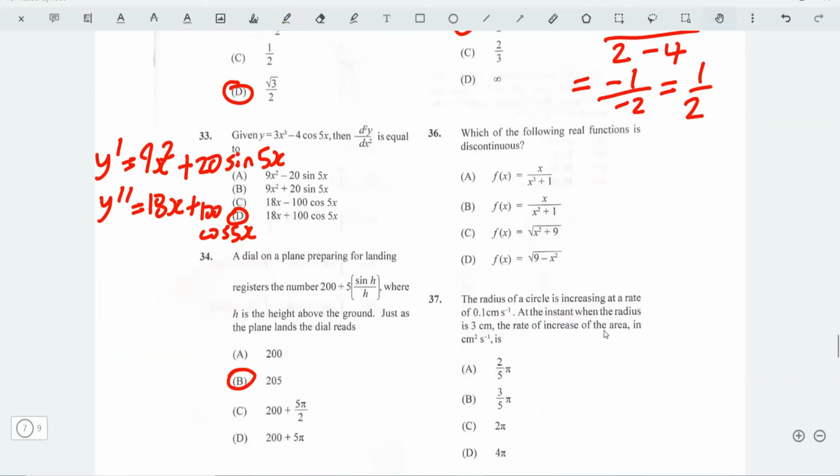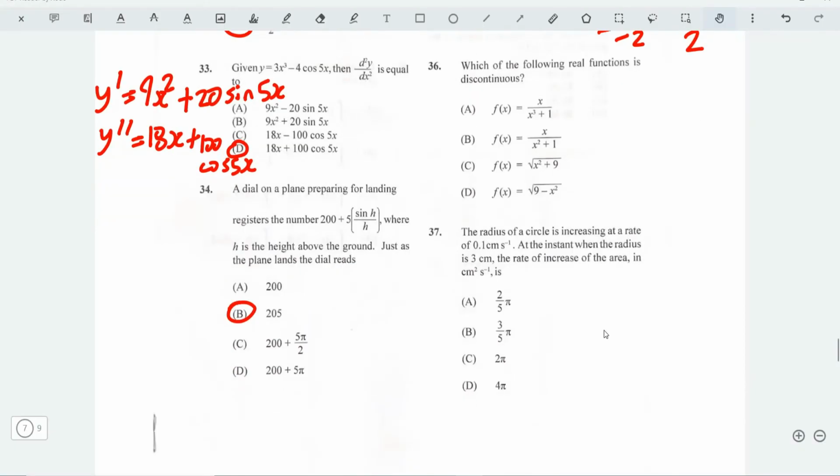Now, which of the following real functions is discontinuous? Denominator, look at it. This one right here, continuous everywhere. This one is definitely continuous everywhere. This one right here, definitely continuous everywhere. This is not.